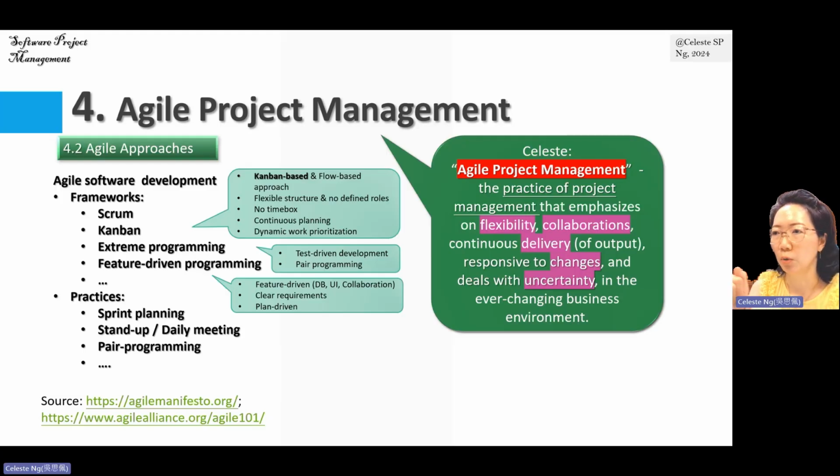So Kanban follows a kind of flow-based approach. Its structure is very flexible, such as its time is variable, and its workflow is also variable. The number of work items to be done is not fixed; it depends on the nature of each work.